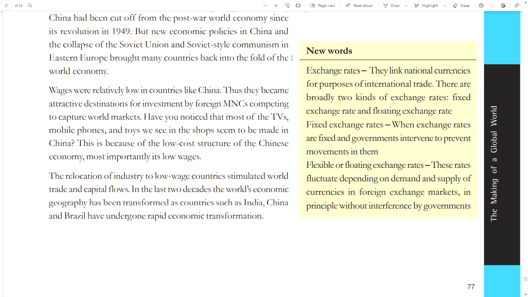New words. Exchange rates. They link national currencies for purposes of international trade. There are broadly 2 kinds of exchange rates: fixed exchange rate and floating exchange rate. Fixed exchange rates: when exchange rates are fixed and governments intervene to prevent movements in them.